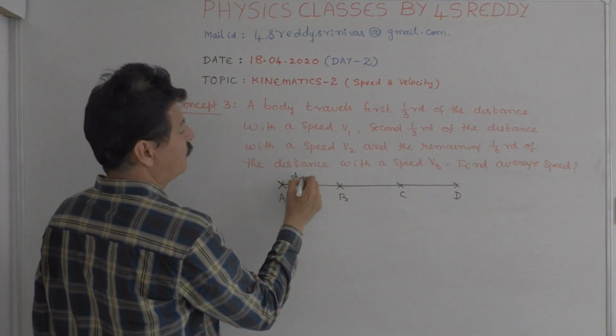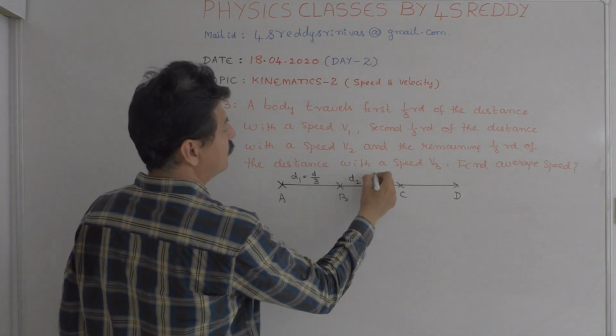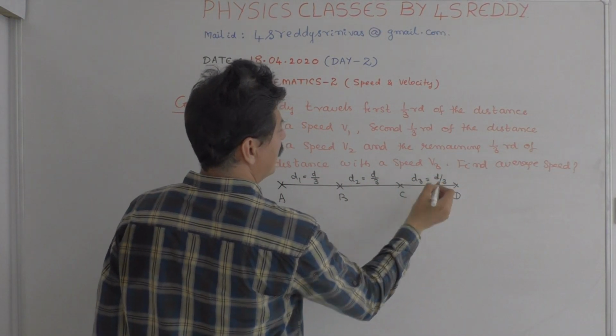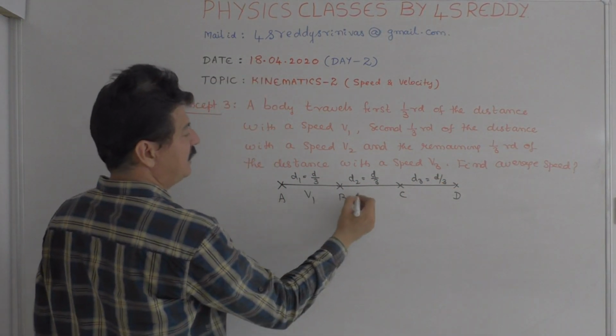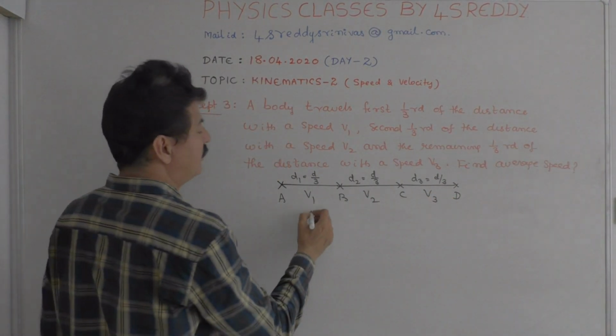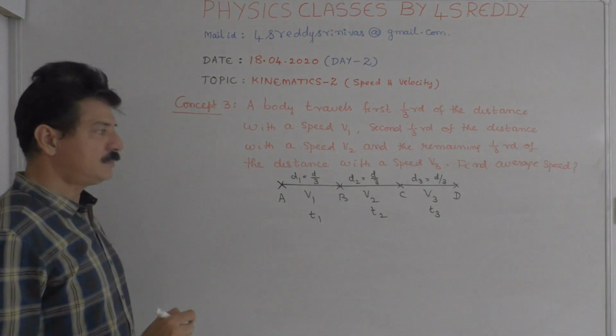Here, first one third means D1 is D by 3, D2 is D by 3, D3 is D by 3. Therefore, these are speeds V1, V2 and V3. Times are known, T1 let us say, T2 and T3.